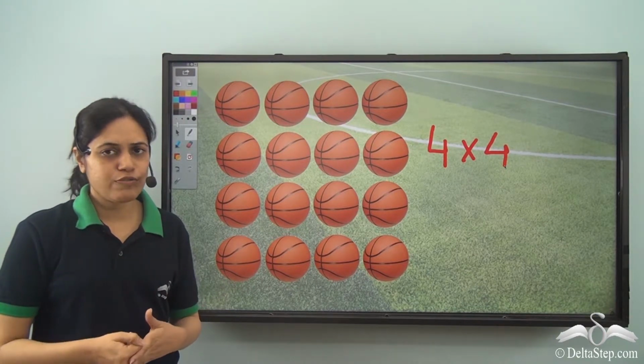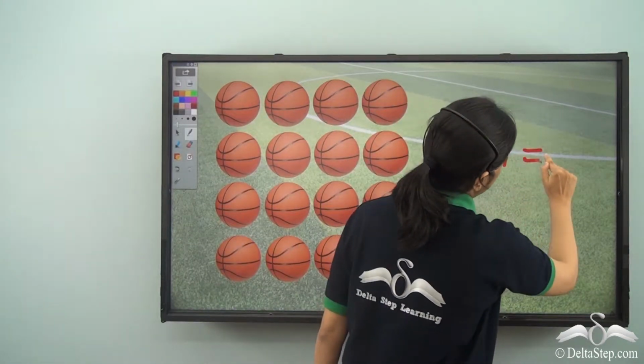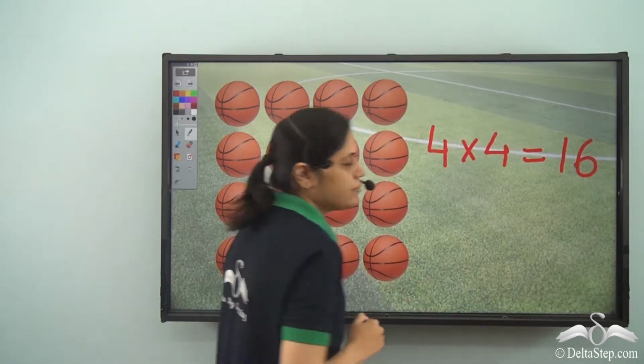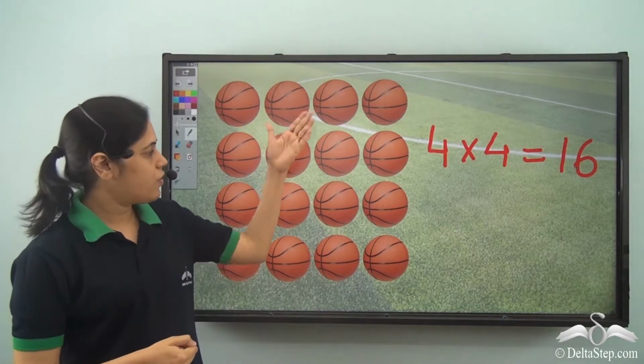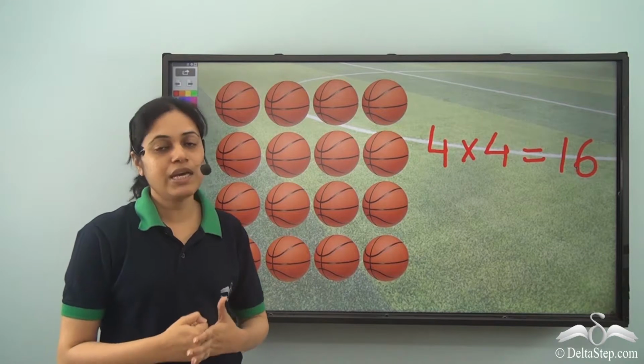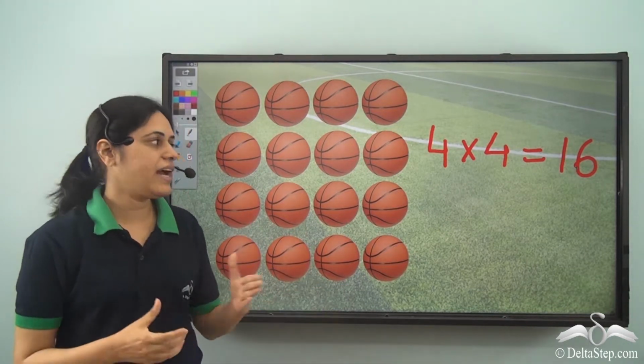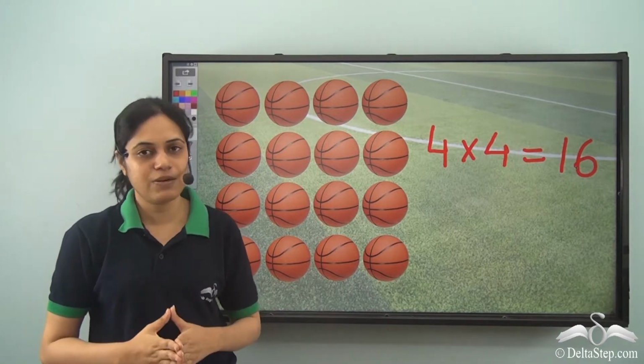And what is 4 into 4? So from the table, 4 into 4 is 16. So over here we have 16 balls. So even without counting, by using the multiplication table of 4, we can find that over here we have 16 balls.